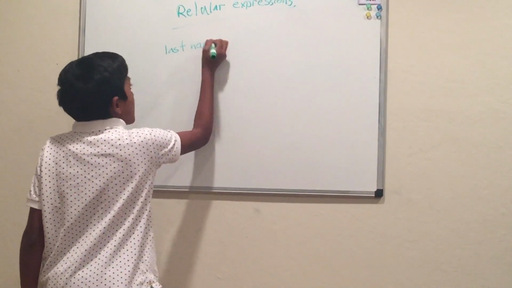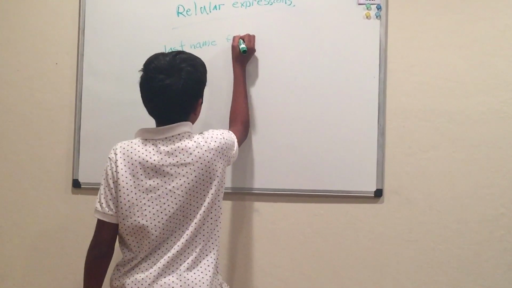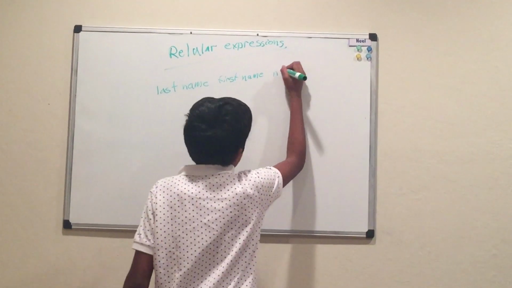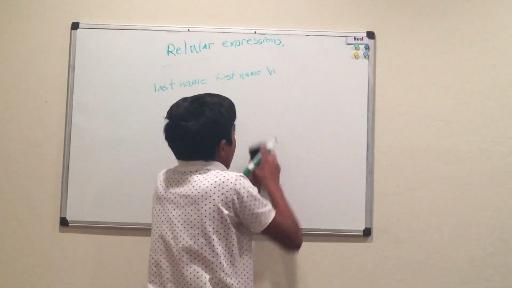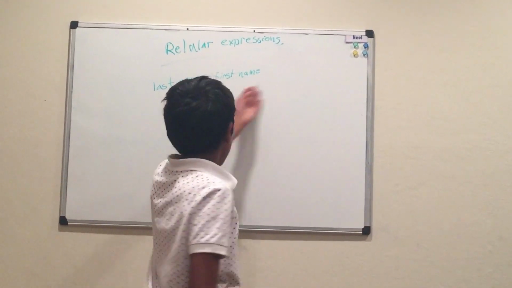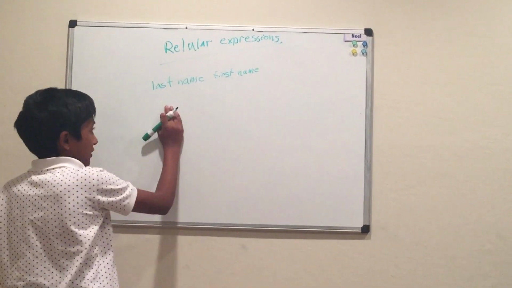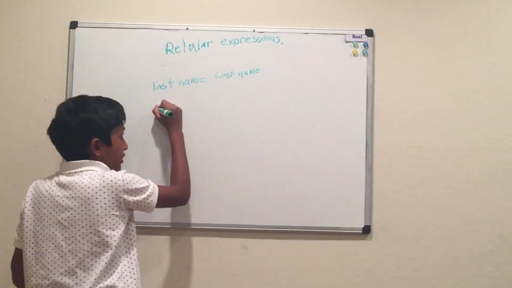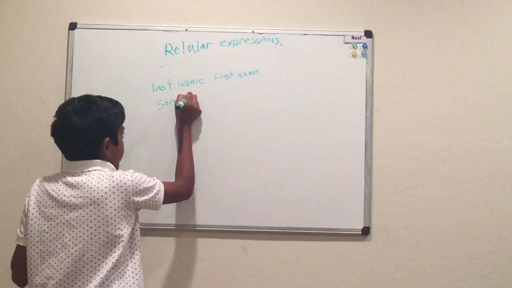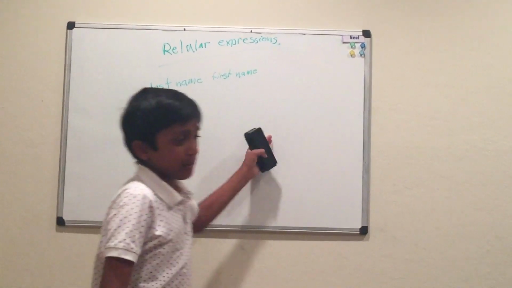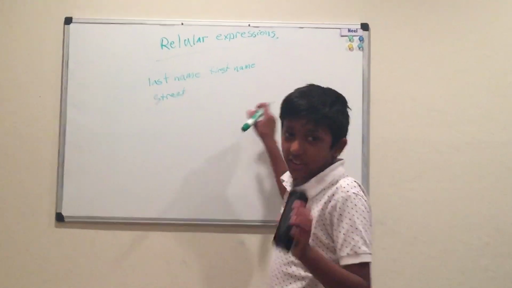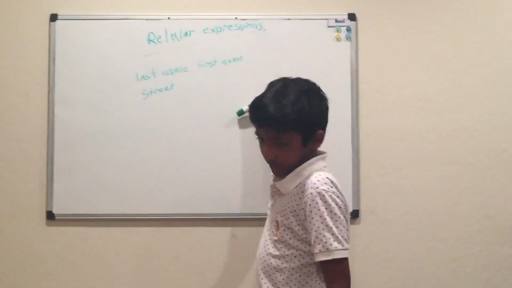Last name, and then first name, and then it has the break line character, right? Or just a break line character. So yeah, just go to the next line, and then you have whatever street you're on. Street, other information, and a street name, and all the other stuff.